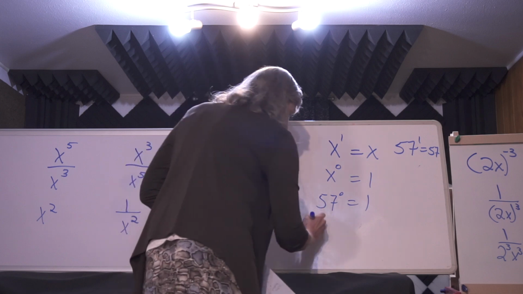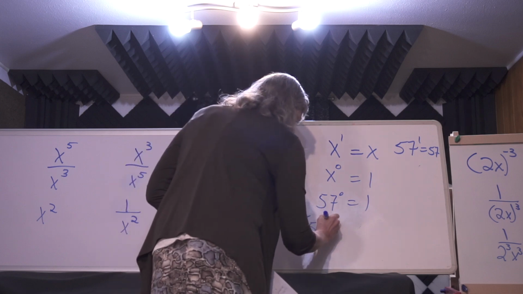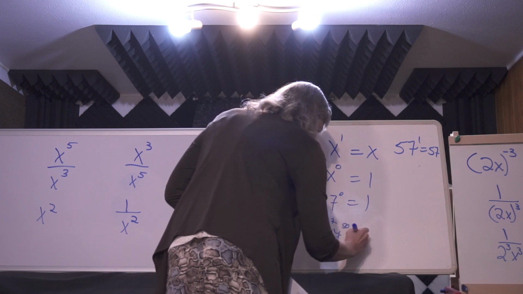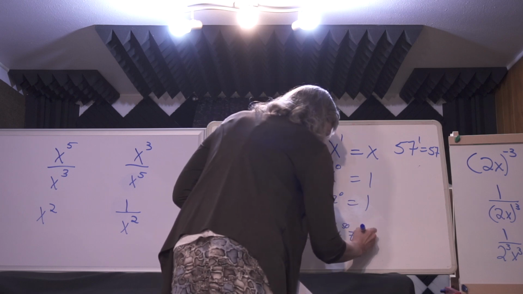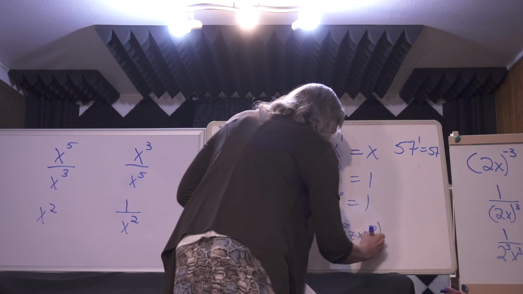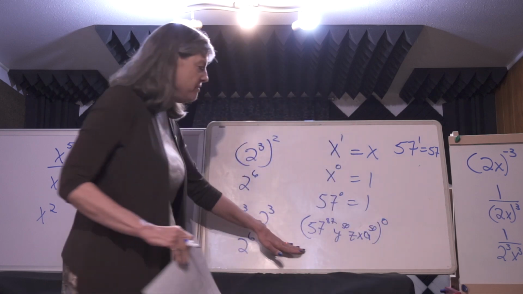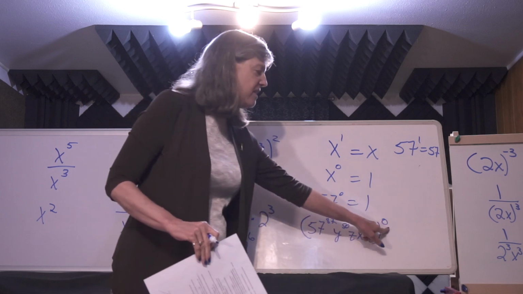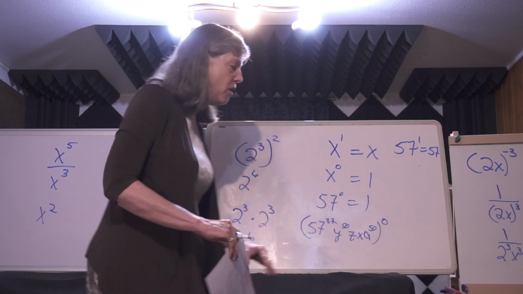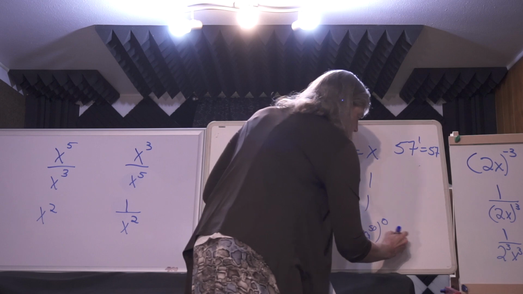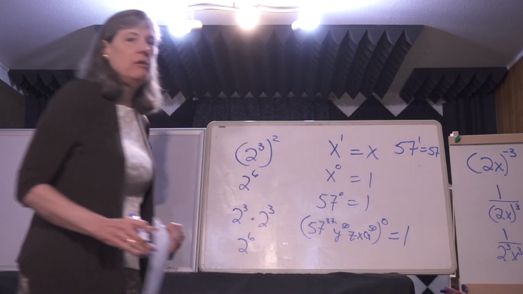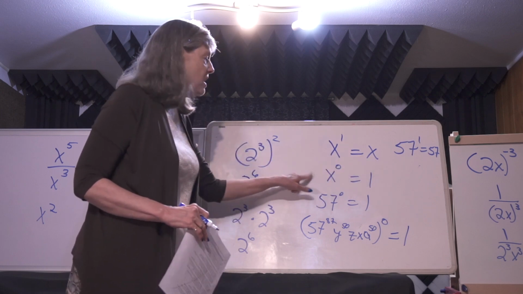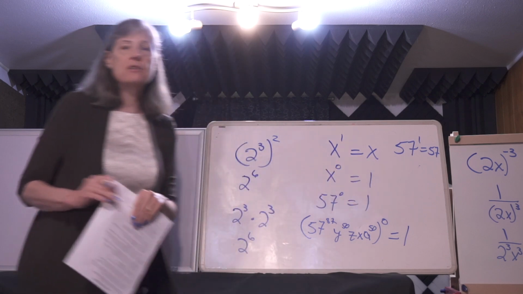Or if I had all of this, because it's all inside of parentheses and the exponent on the outside is 0, you don't need to worry about any of that. It just all becomes 1. So anything to the first power is just the anything. Anything to the 0 power is 1.